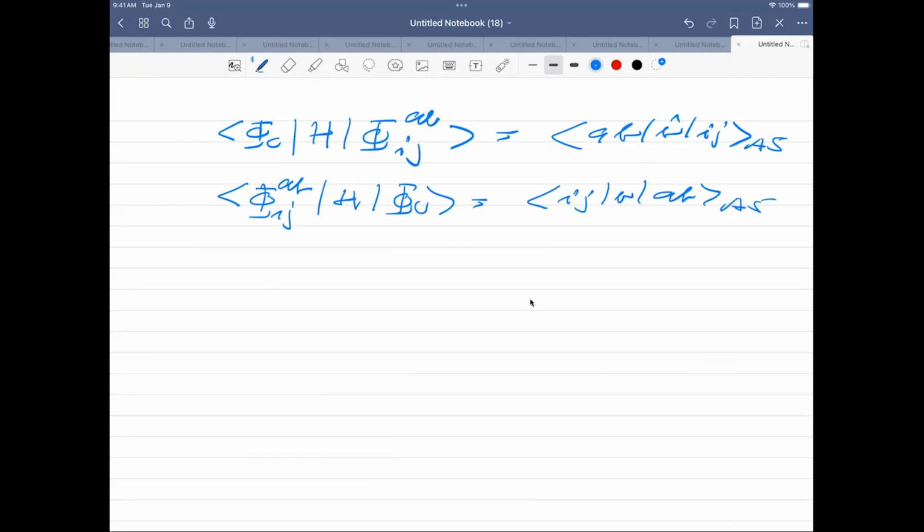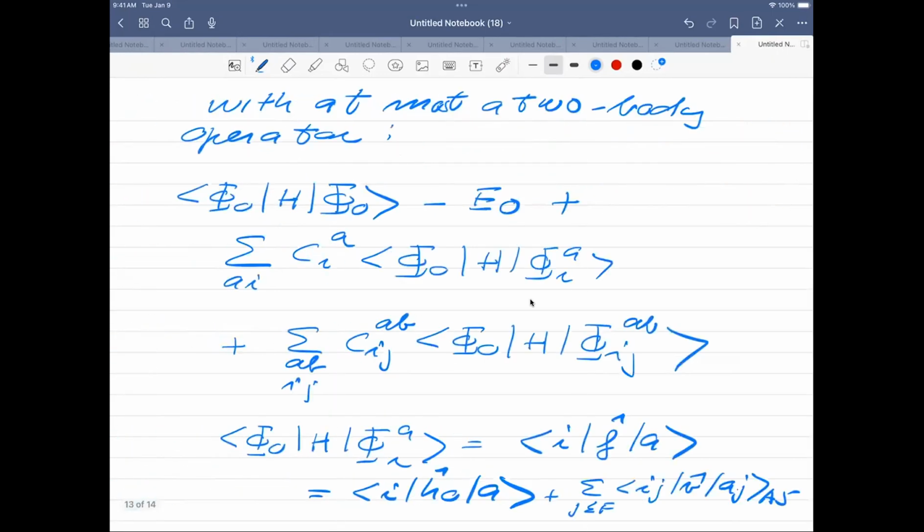So we can then collect things, but what we're going to do as well is to redefine this term which you see here, or these two terms. So this is the exact energy for the ground state. And this one is the one which we calculated as a reference energy. So to quickly remind you, this expectation value between the vacuum state and the Hamiltonian here is something which defined the reference energy.